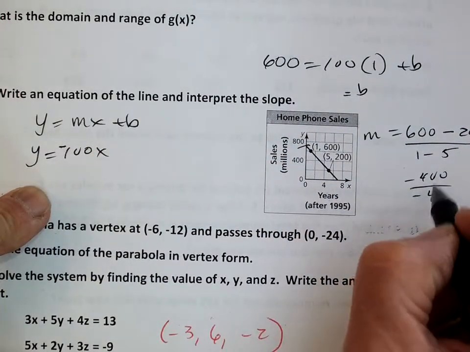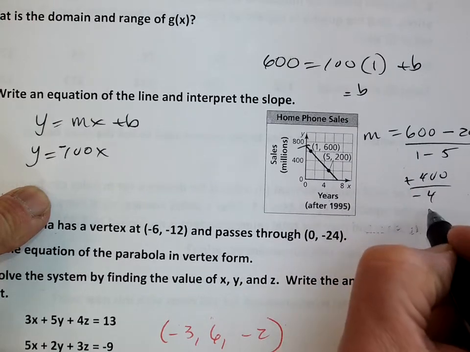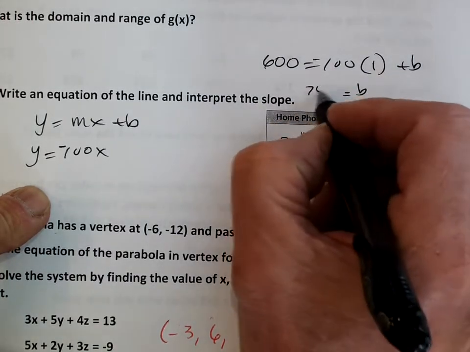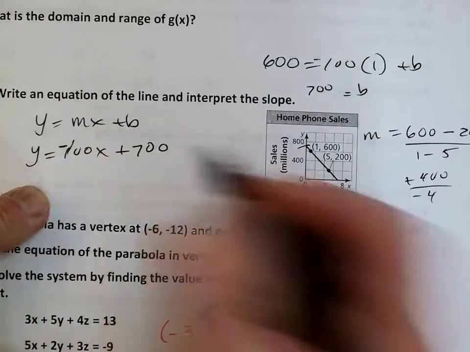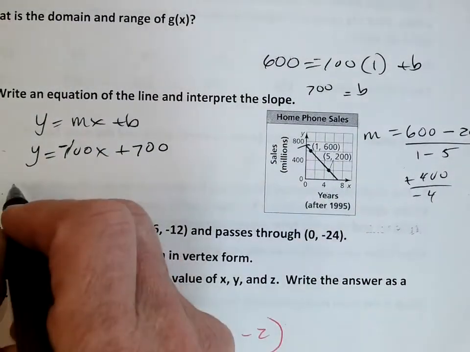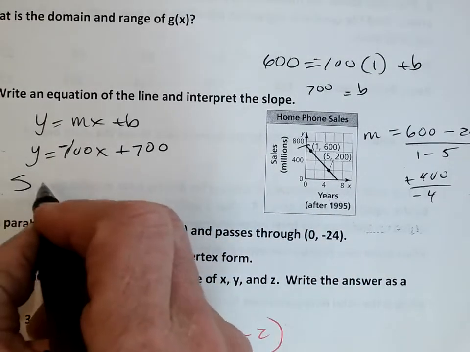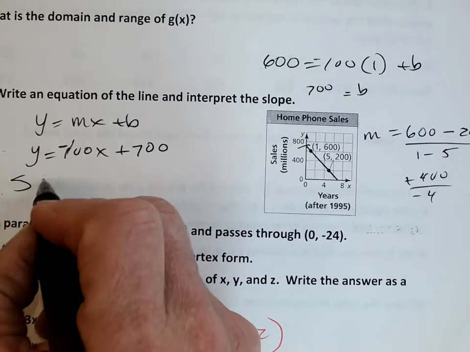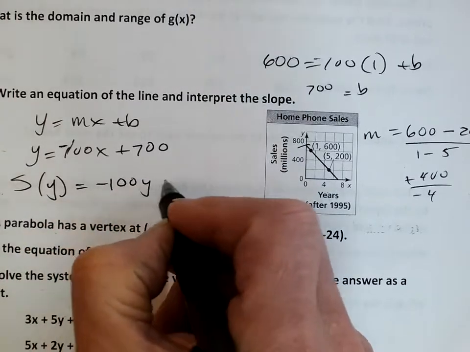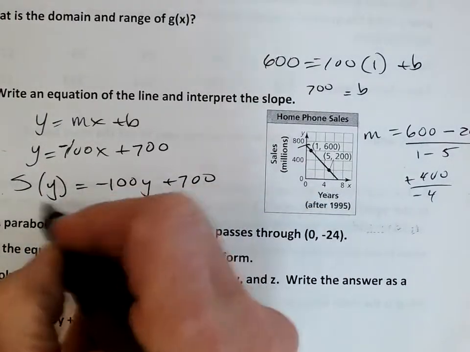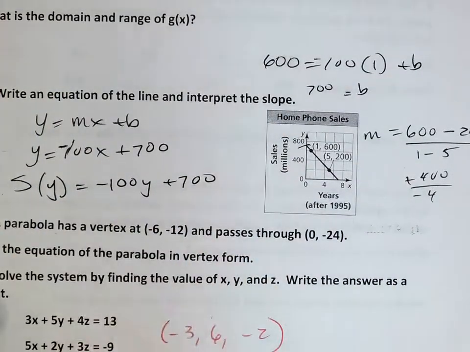It's going down, negative, there we go, my bad, -100. So it is 700, -100 plus 700. I like to rewrite as years and sales, so I'd go sales per year is going to equal -100y plus 700. If you don't like y, put t for time, okay? Either of those answers, okay?